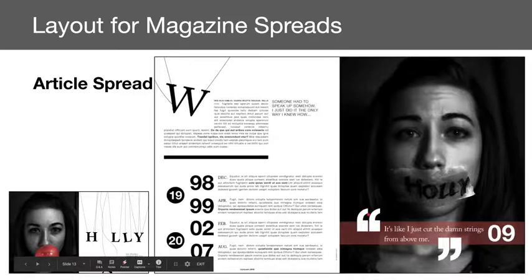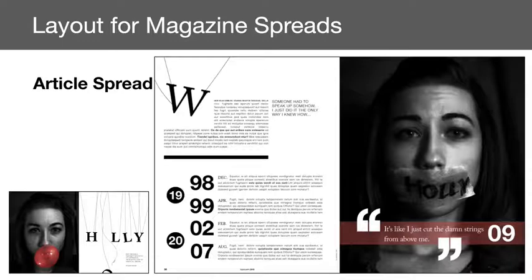These are often put in layouts with text-heavy layouts as a way of, when people flip through the magazine, they would have an ability to stop, or it attracts people to stop and read this little quote.